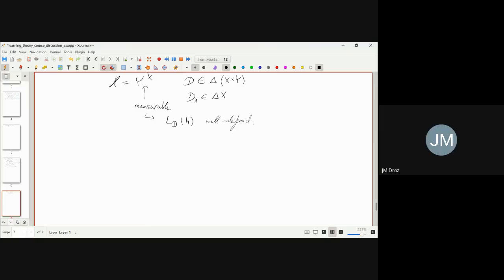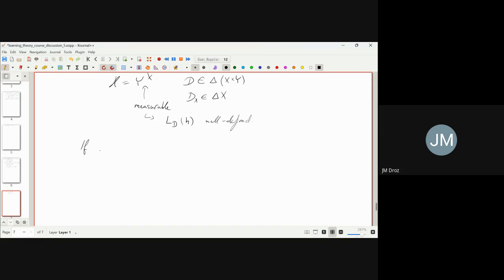So if we can make a concrete example, like for example, you have X be an interval, and you have your hypothesis space, which gives 1 to the points larger than epsilon, strictly greater than 0, for the different epsilons. And because you cannot take epsilon equal to 0, you can choose D which always gives 1 to all the points.